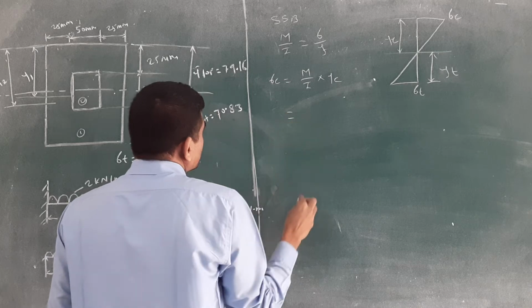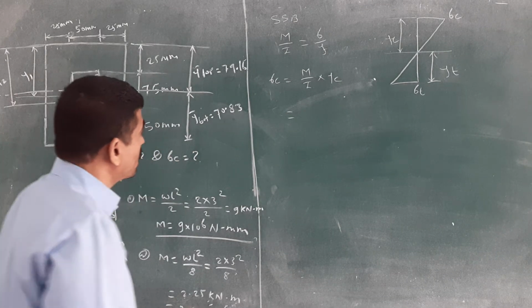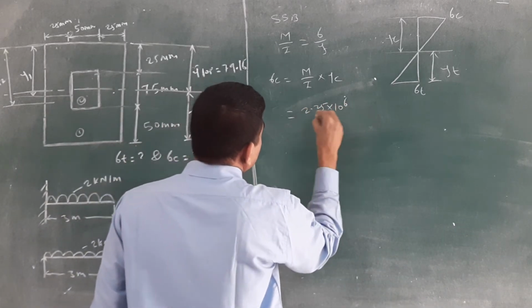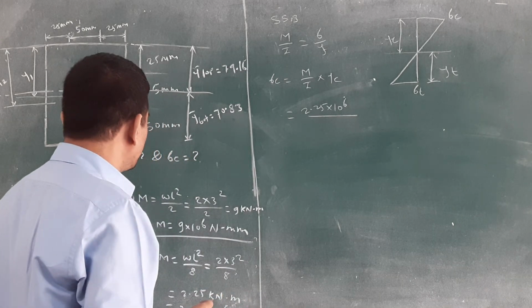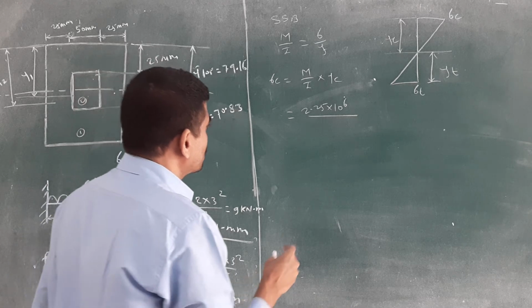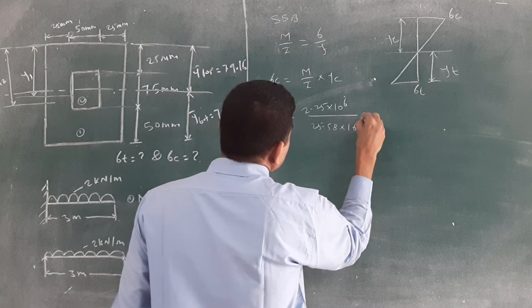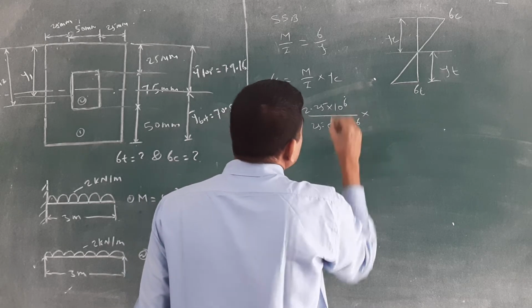Okay, what is the M? Again we have calculated the M value, 2.25 into 10 raised to 6. What is the I? I is constant. This I value is constant. What is the Ixx value? 25.58 into 10 raised to 6, into, what is the yc?